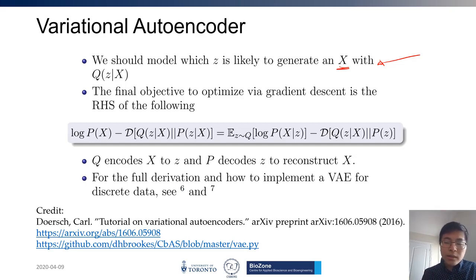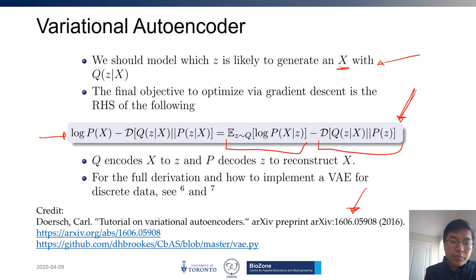So after many steps in derivation, details which you can see in this tutorial on VAEs, you essentially reach this objective. So this is what you want to maximize. We have two terms on the right-hand side. Maximizing this essentially serves as a proxy of maximizing the log of your likelihood, P of X, the likelihood of modeling your input data.